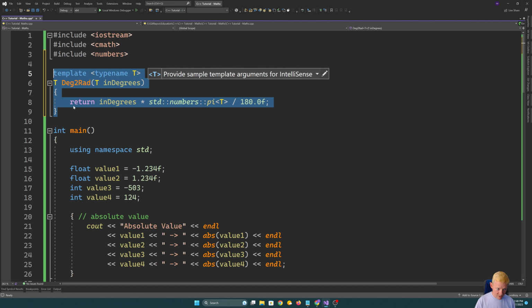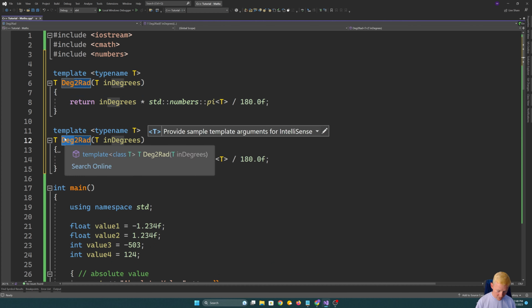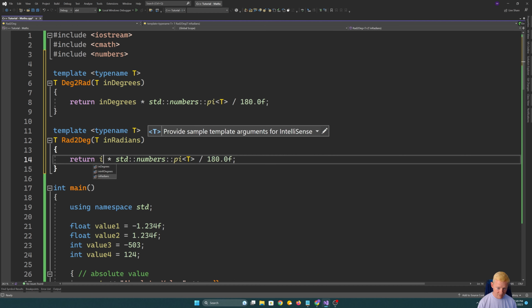And I could do a similar thing for radians to degrees. This ends up being in radians, and we multiply by 180 and divide by pi.